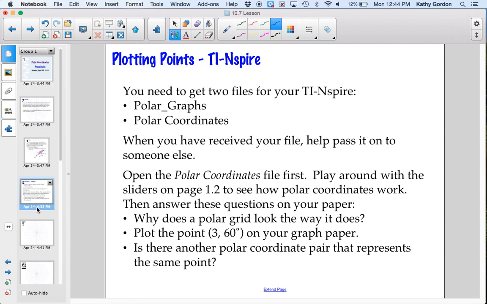All right, we got these 3 answered. Is there another polar coordinate that represents the same point? Ooh, there is another polar coordinate that represents the same point.